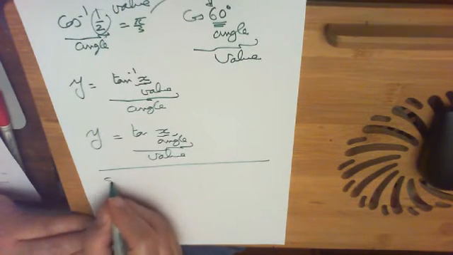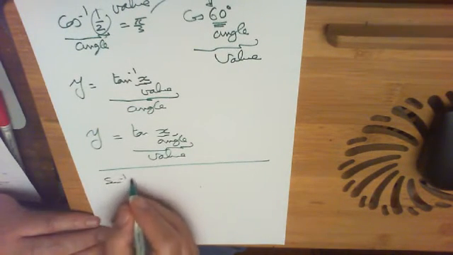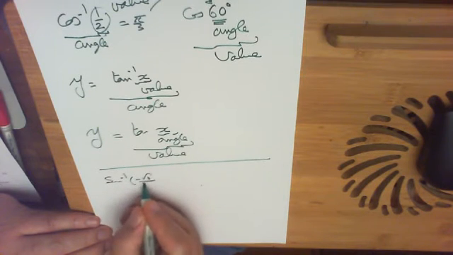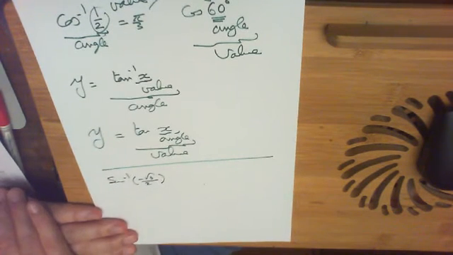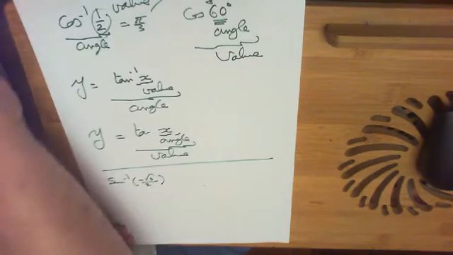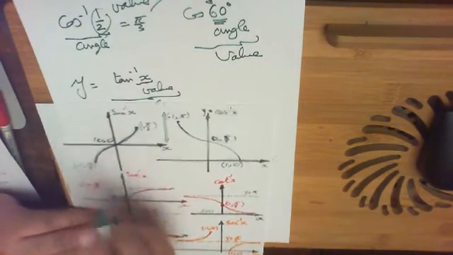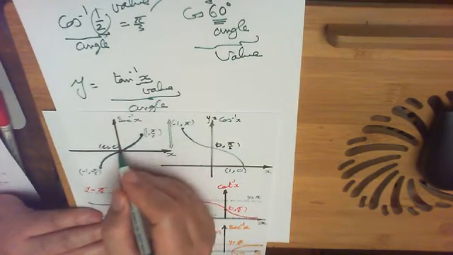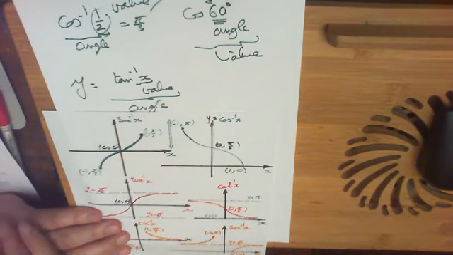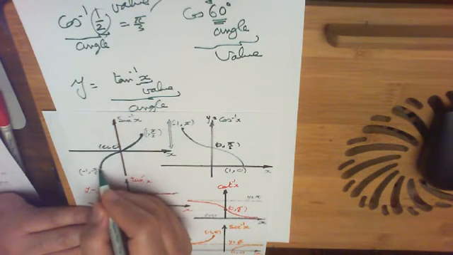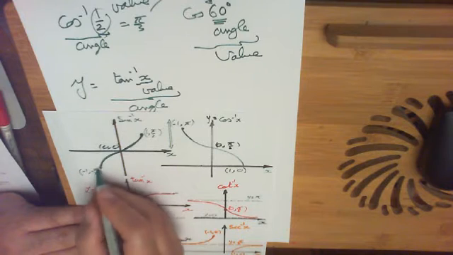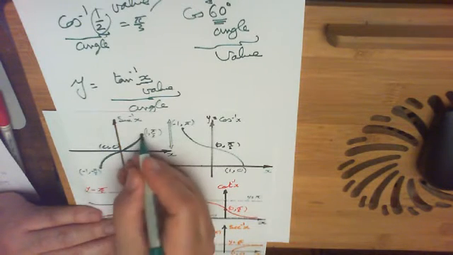Another example, sine minus 1 of minus root 3 divided by 2. In such a case we have negative values. As you see, this is the inverse sine function, and we have domain from minus 1 to 1 and range from minus pi by 2 to pi by 2.